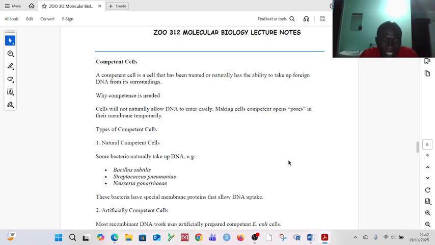Because naturally they are capable of taking up foreign DNA, it has been realized that they have special membrane proteins that allow them to take DNA naturally.